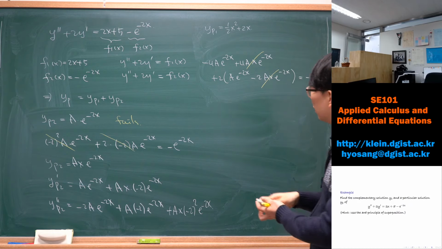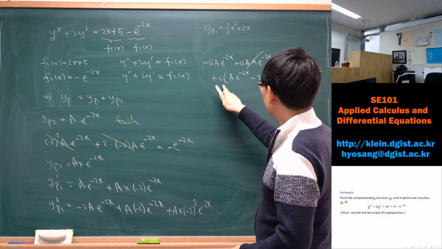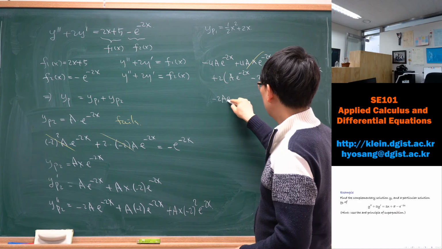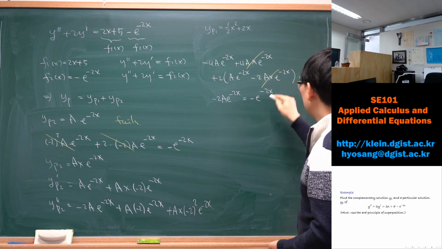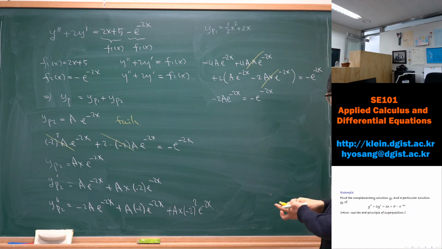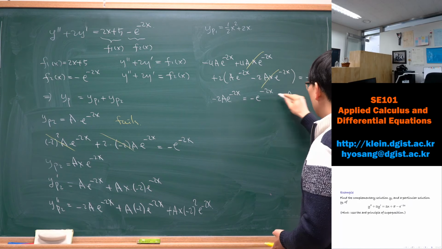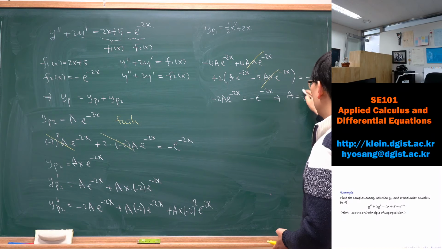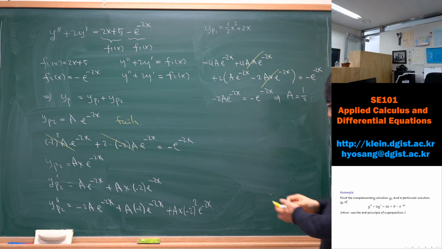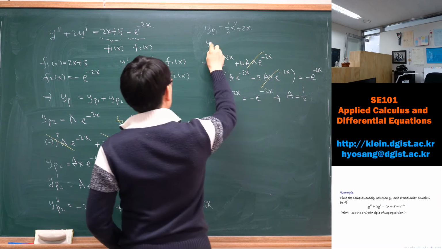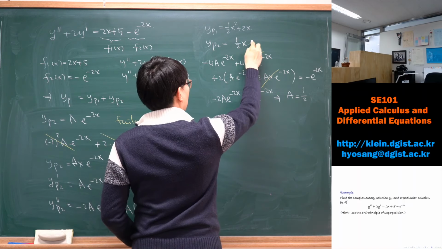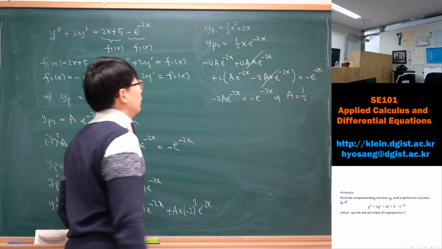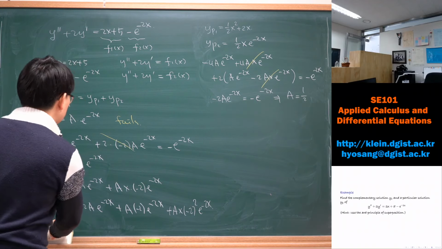So what we have is minus 4 plus 2, so minus 2a e to the negative 2x equals negative e to the negative 2x. Therefore we have a equals 1 over 2. So our second solution, yp2, is 1 over 2 x e to the negative 2x.